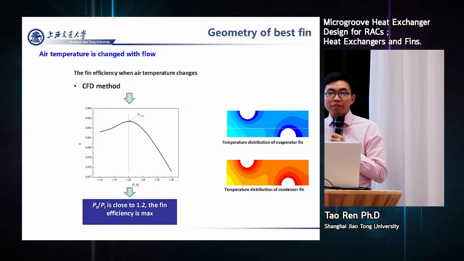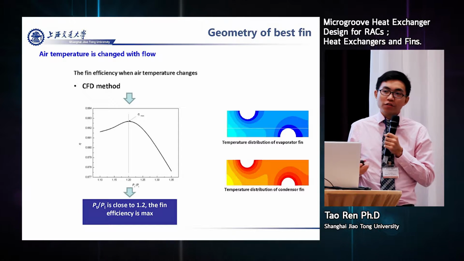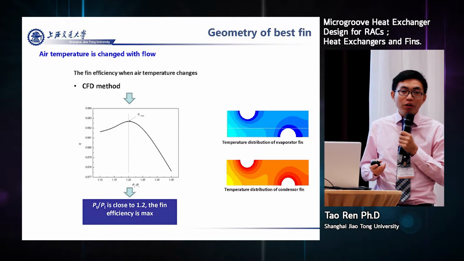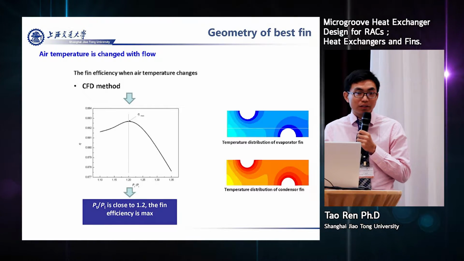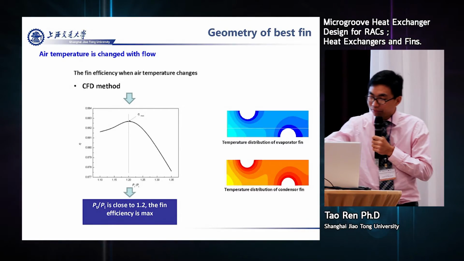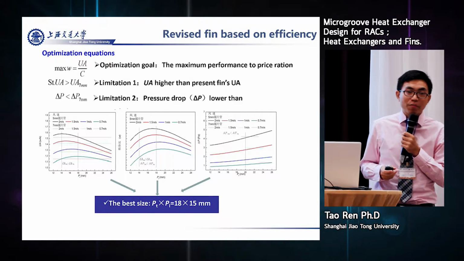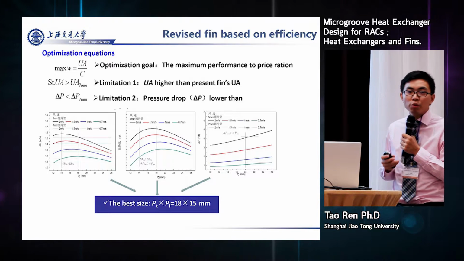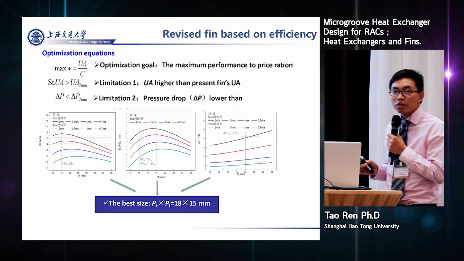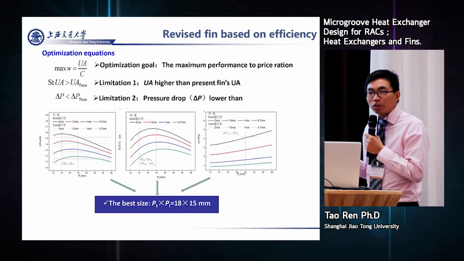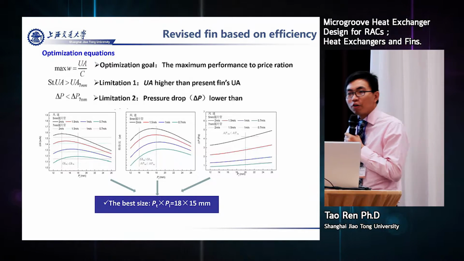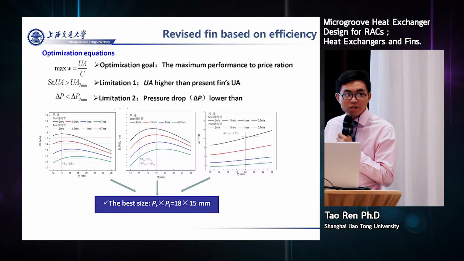So in this case, we have a compromise. Maybe our fin efficiency is not perfect, but we want the lowest cost and the best performance. That's what pushes us to investigate further.